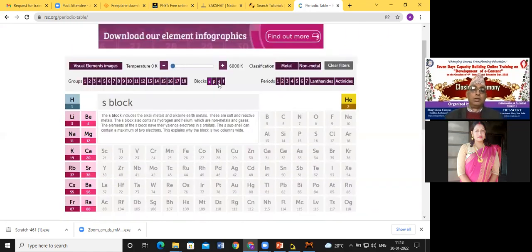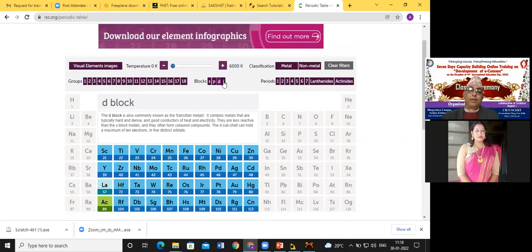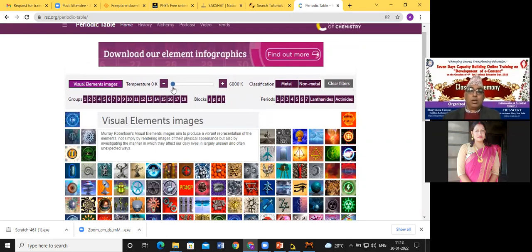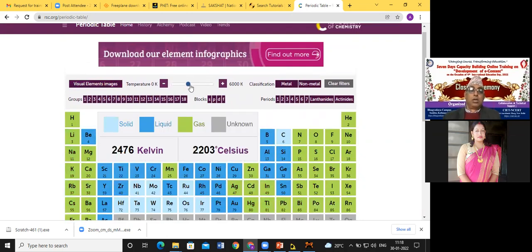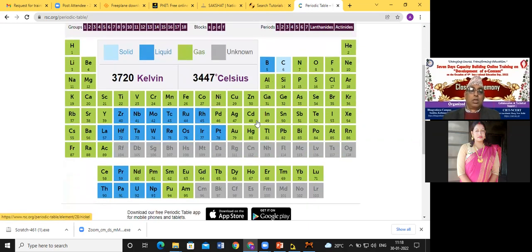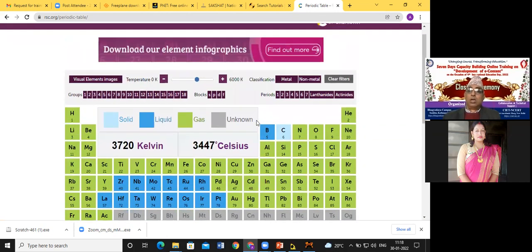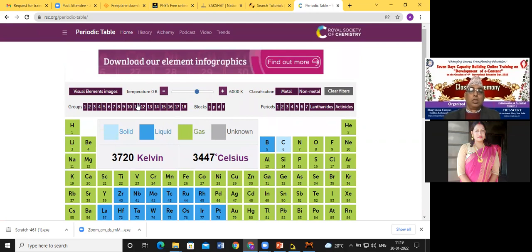I can go for the D block elements. What are the D block elements? What are the F block elements? You can give the virtual images also. You can see the temperature also, at what temperature they are solid, liquid, and gas. So a lot of things are there, and this is the interactive periodic table.